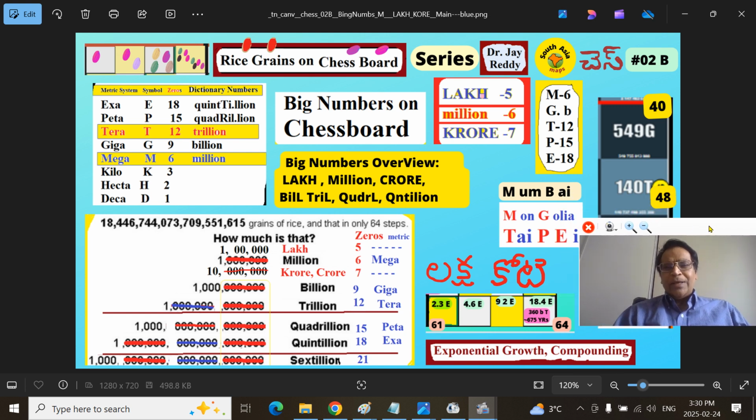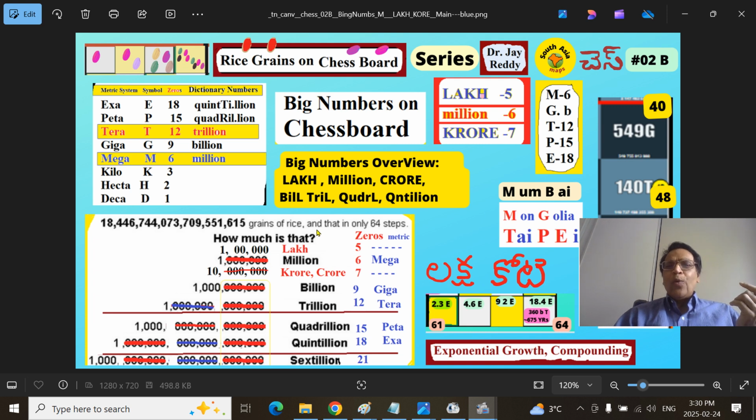Human intuitiveness fails to understand the implications of compounding exponential growth, that is putting rice grains or wheat grains on the chessboard, doubling for every square. There are 64 squares. Start with 1, make it 2, next square 4, next square 8.